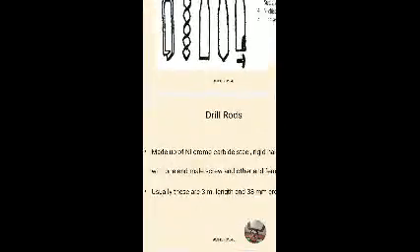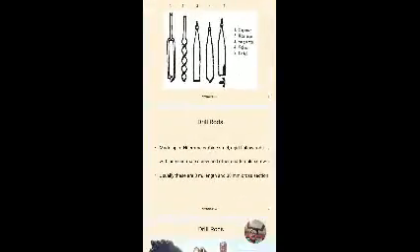The another one is drill rod. From the motor, the power is transmitted to the drill bit by means of drill rods. Drill rods are made up of nickel chromium carbide steel, rigid hollow rods.